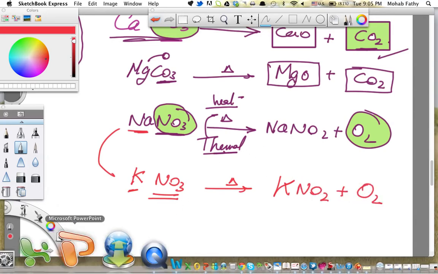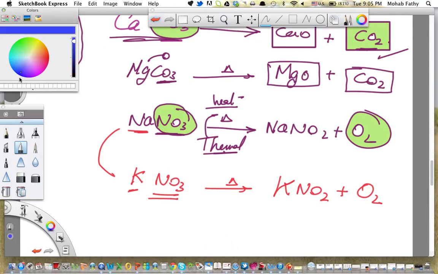Can you balance this equation for me? Put a 3 in front of the K in the product, so I can put a 2 over there. You are looking to balance the oxygen. Wait, there's 4 oxygen.